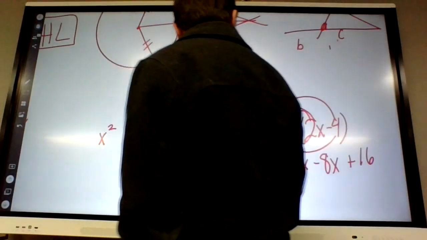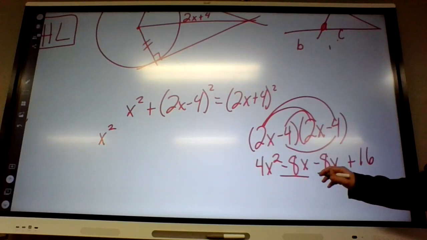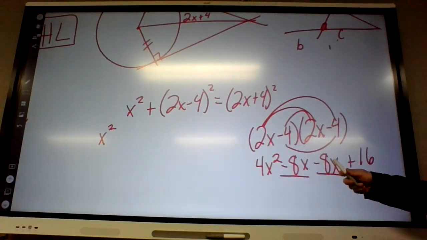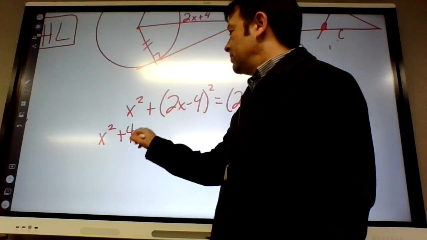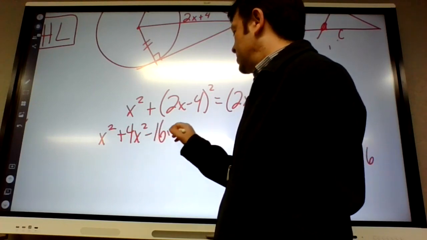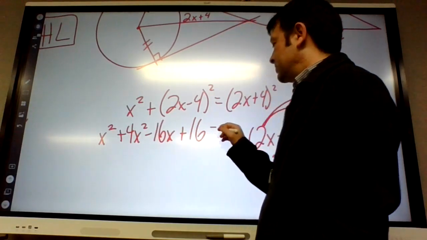So all this, and then what does this simplify to right here? Negative 8x minus 8x, negative 16x, right? So we have plus 4x squared minus 16x plus 16. I just moved it over.